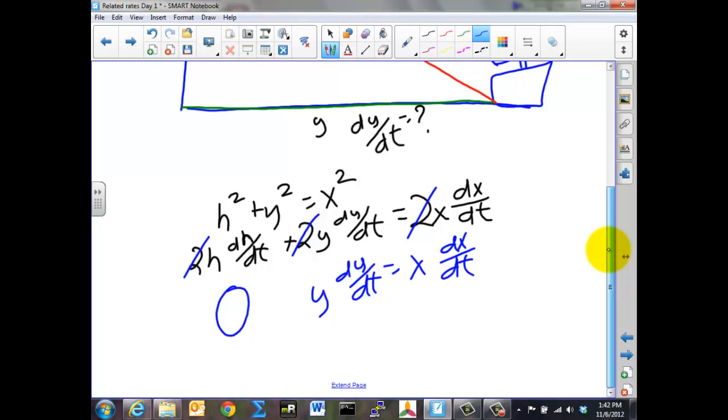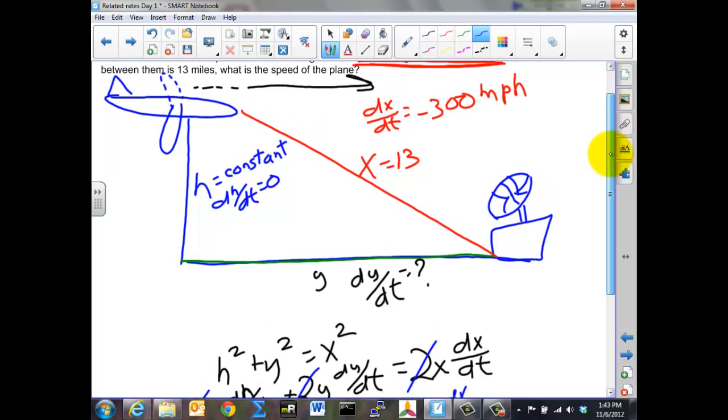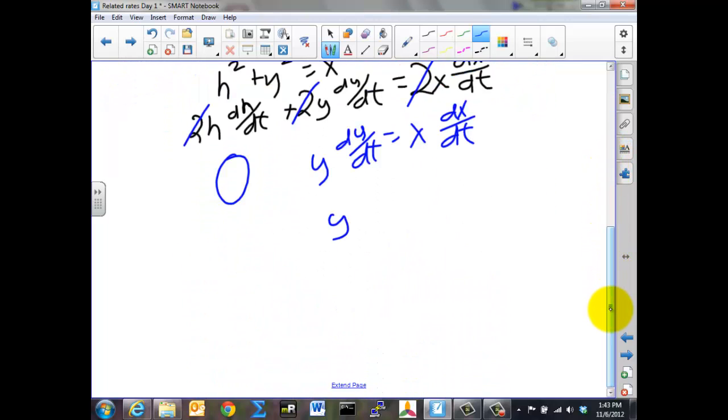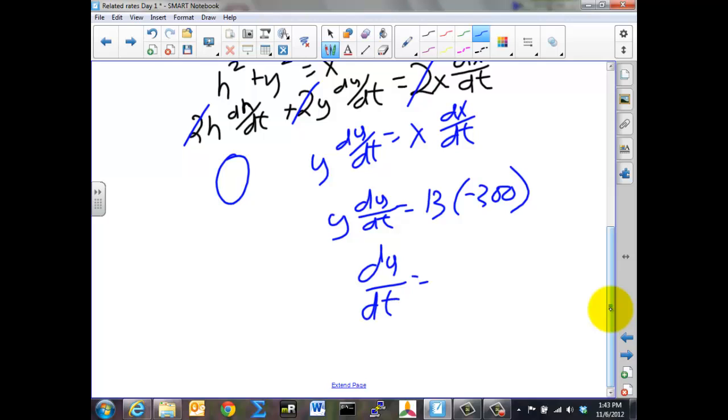Right? Well, what can we plug in? We've got a 13 and a negative 300. So y dy/dt equals 13 times negative 300. So dy/dt is negative 3900 over y.